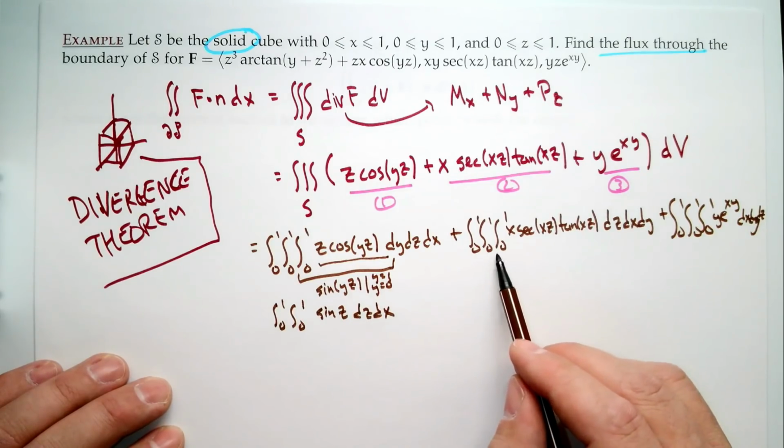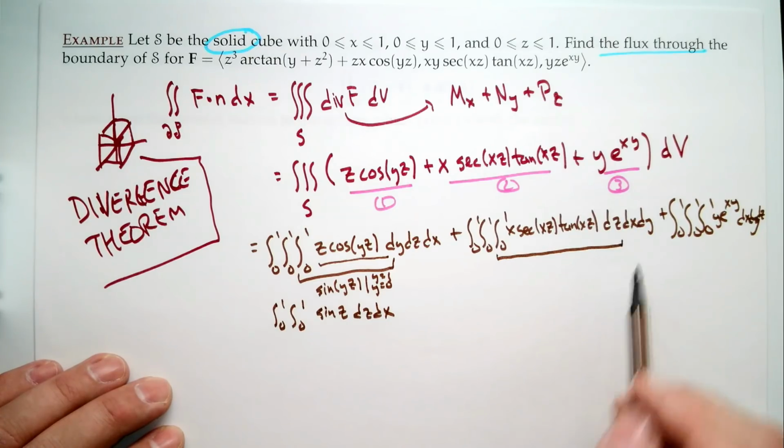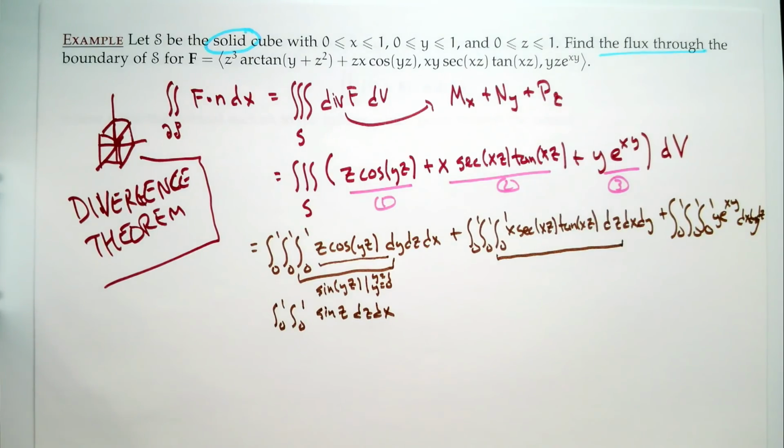Now let's come here. x secant of xz plus tangent of xz dz. If we integrate that with respect to z, well, the x acts like a constant. Essentially, we have a secant tangent. What's something that's the antiderivative of secant tangent? Secant.